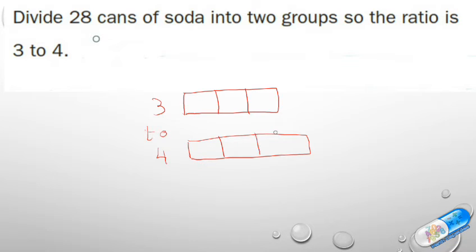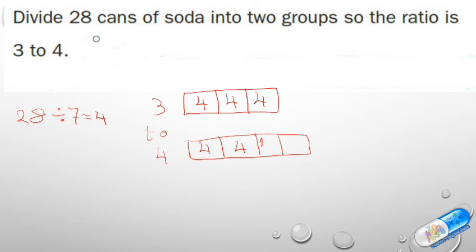And we want to divide the 28 cans over these 7 sections because they are 1, 2, 3, 4, 5, 6, 7. So we will divide 28 divided by 7 equals 4. This means that 4 in each section, 4 soda cans in each section.